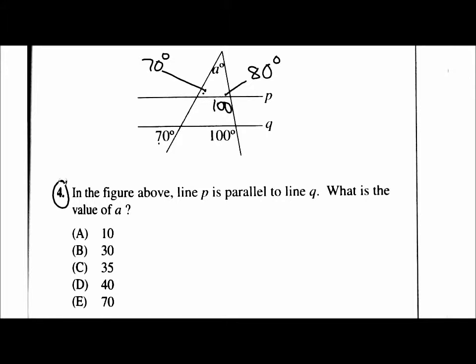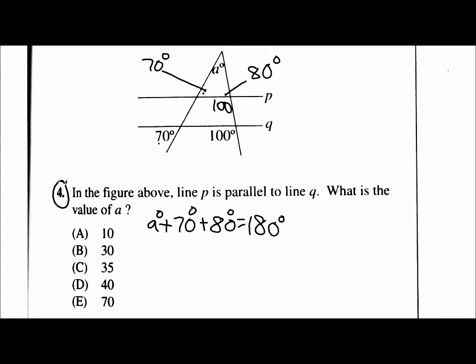So now it's a simple algebra problem. We know that A plus 70 plus 80 has to equal 180 degrees. Okay, so now to solve for A, if you add those two together there, you're going to get 150.